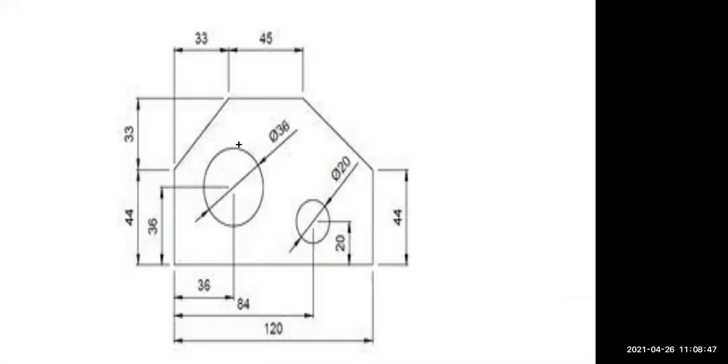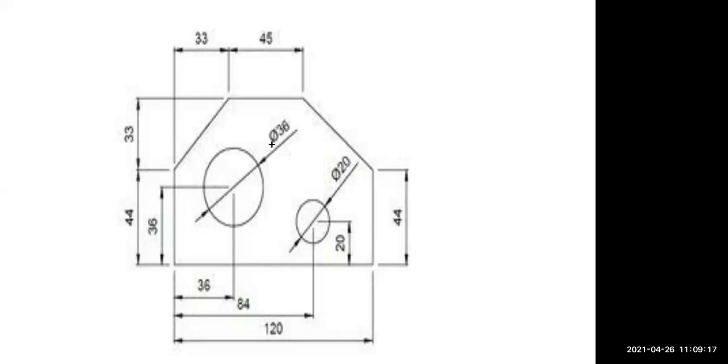The horizontal distance of the center of this circle is 36, and for this smaller circle, it is 84. Their vertical distances are also given, 36 and 20, and their diameters. This Greek symbol phi is used over here. This phi represents your diameter. Keep this in your mind. Phi 20 and phi 36.